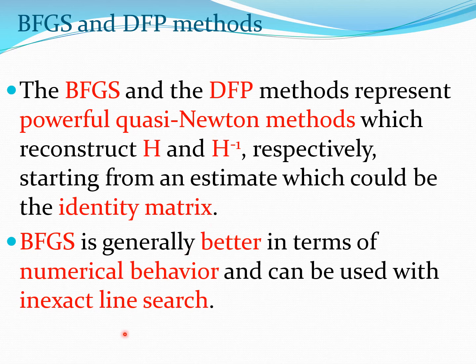Now most theoreticians like the BFGS method more because it generally tends to be better in terms of numerical behavior and is also robust to problems in the line search. So one of the things we have seen is that a very precise one-dimensional line search can take a lot of computer time, and the BFGS method is somewhat good in that aspect.